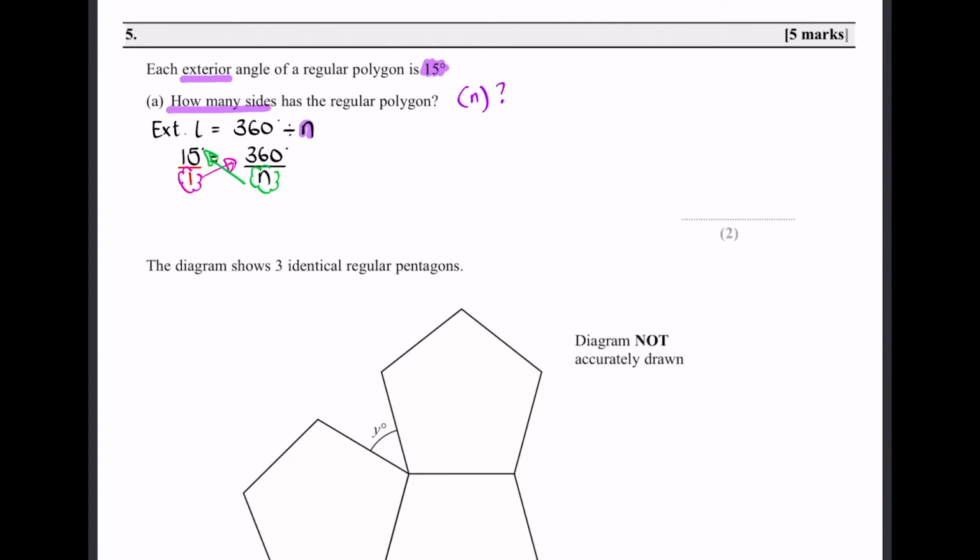So 15 times n gives me 15n equal to 360 degrees times 1, which is 360 degrees. But I don't want 15n, I want n by itself, so I'm going to divide both sides by 15. 15n divided by 15 gives me n equal to 360 degrees divided by 15, which gives me 24 sides.